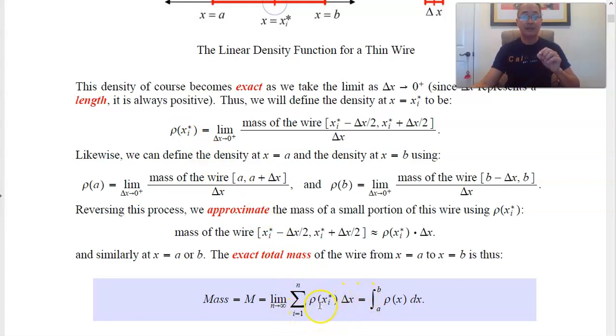We sum all of those little masses, their contributions, but theoretically we want to take a limit as the number of these pieces goes to infinity. That looks exactly like the definite integral that we just reviewed. So that now becomes the integral from a to b of our density function dx. So let's go to Scientific Notebook and actually compute some examples.